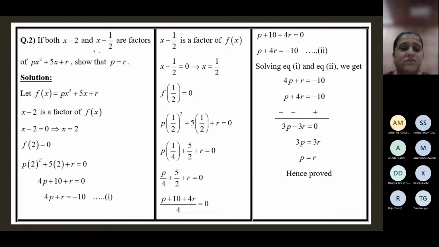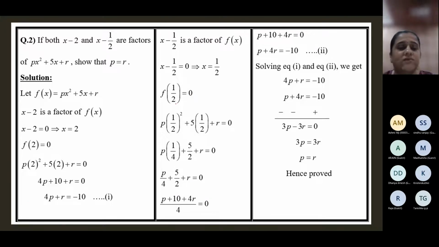Now take up the next factor given, x minus half. X minus half is a factor of f of x. So x minus half is equal to 0, x is equal to half. That means f of half, like f of 2 is 0, f of half is 0. Because x minus half is the factor. Factor means the remainder will be 0.